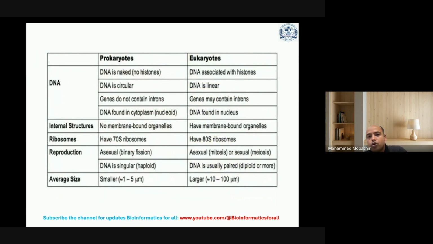Now, to understand more deeply, it is naked DNA without histones. DNA is circular. Genes do not contain introns. DNA is found in the cytoplasm. In eukaryotes, DNA is associated with histones, that is not naked. DNA is linear. Genes may contain introns. DNA is found in the nucleus. Then internal structure.